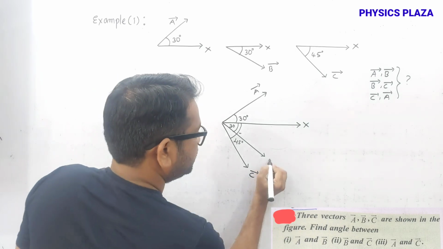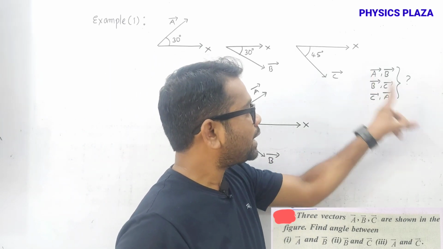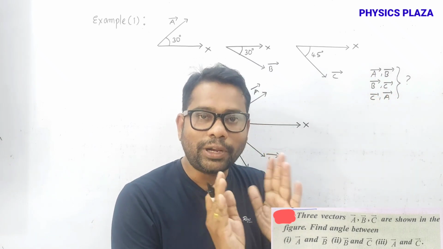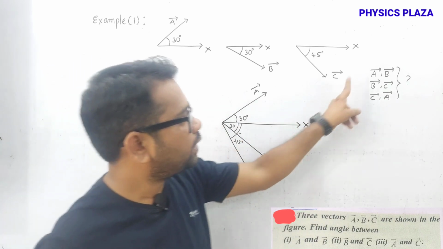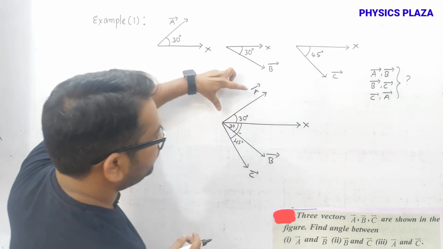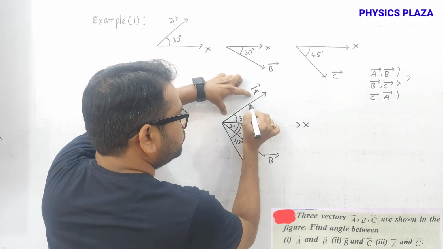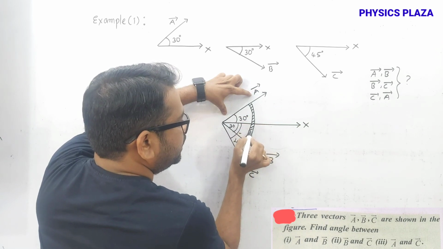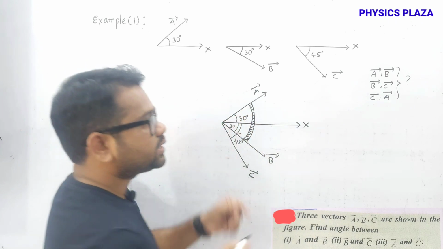Now we have to find the angle between A and B, B and C, and C and A. First let us check whether their tails are meeting or not. Yes, of course all tails are meeting, so no headache at all. This is the angle between vector A and B. So 30 plus 30 is how much, children? 60.